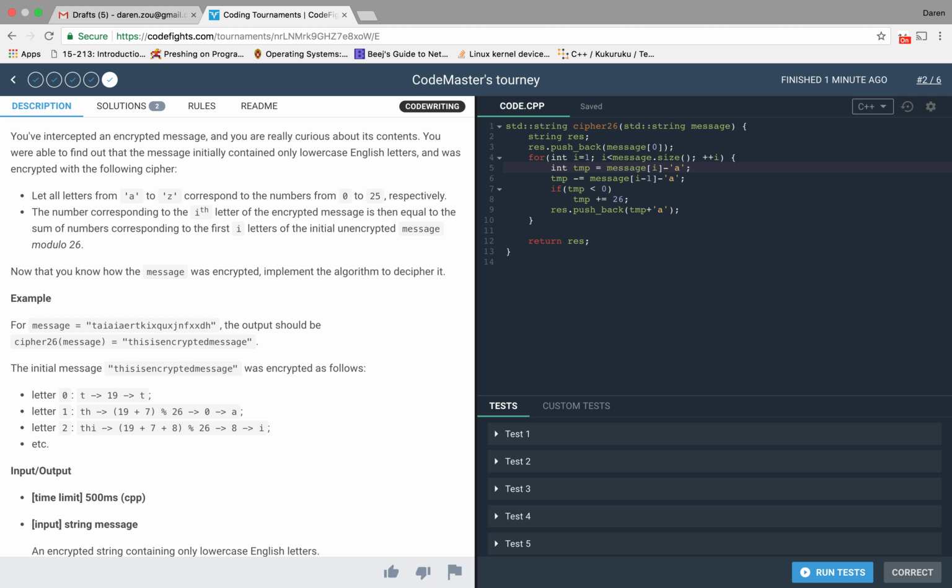For instance, the value of the first letter of the original message is the value of the first letter of the encrypted message minus the value of the 0th letter of the encrypted message.